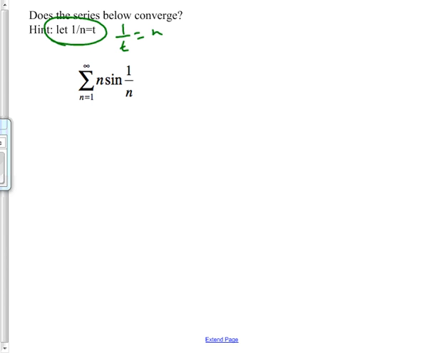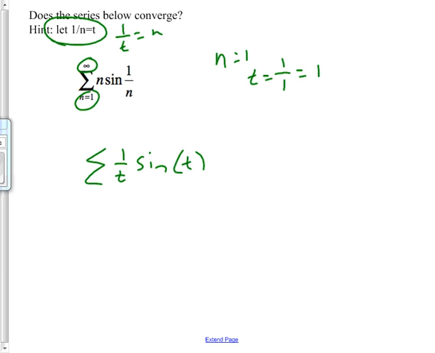So we could replace the following with the sigma notation. Instead of n, I have 1 over t. And then we have sine of 1 over n. Well, 1 over n is t. And then we need to replace our limits. Well, when n equals 1, t equals 1 over 1, which is 1.